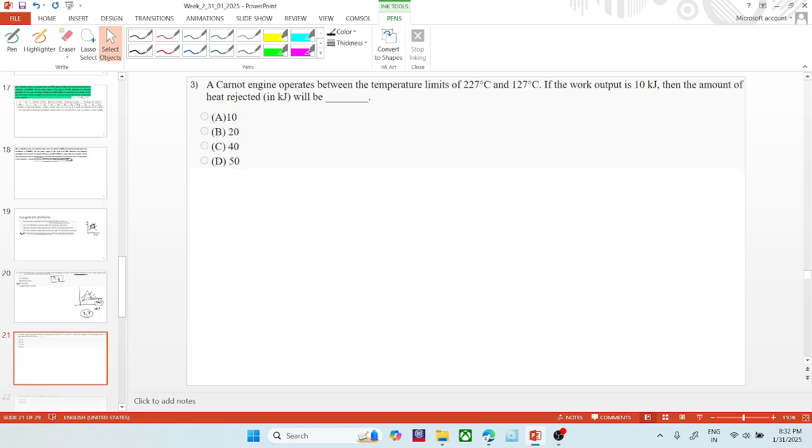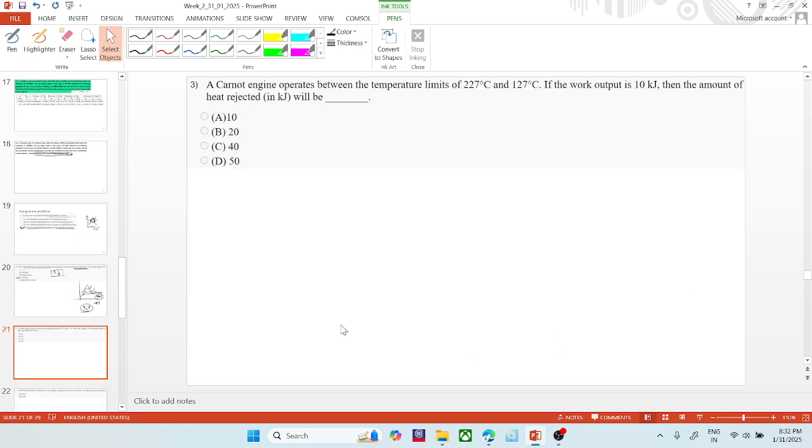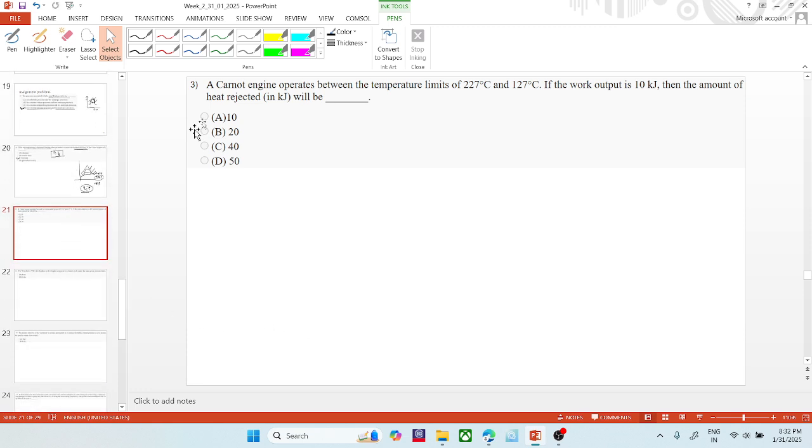In the third problem, a Carnot engine operates between the temperature limits of 227 and 127 degrees centigrade. If the work output is 10 kilojoules, what would be the amount of heat rejected? This is a very simple problem. First we have to convert these temperatures to Kelvin, as we can put only Kelvin temperatures. So 227 plus 273 is 500 Kelvin, and this is 400 Kelvin.